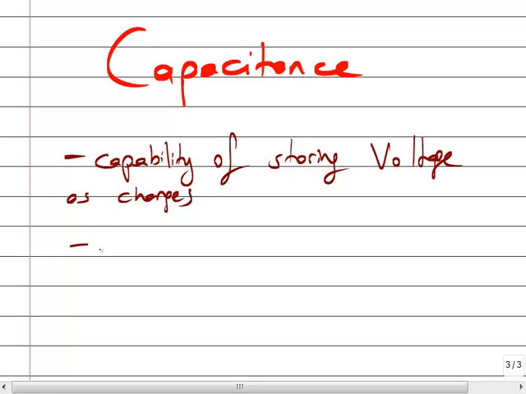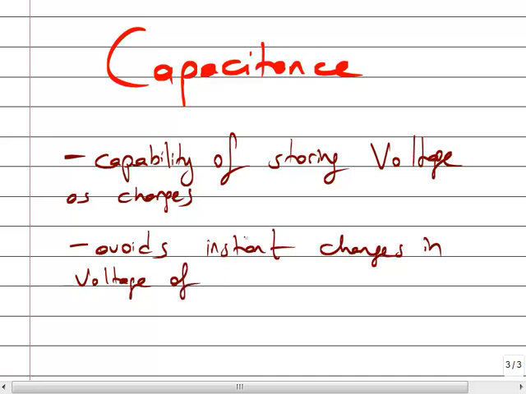It avoids instant change in voltage of a point.